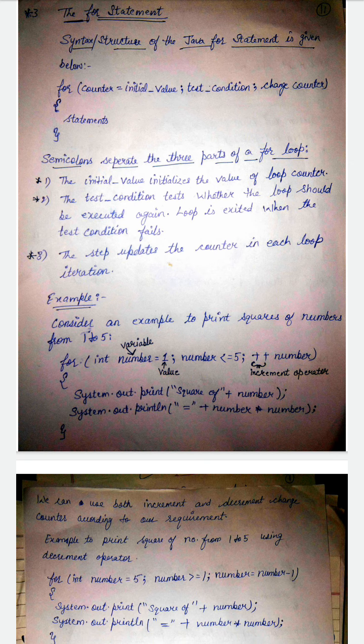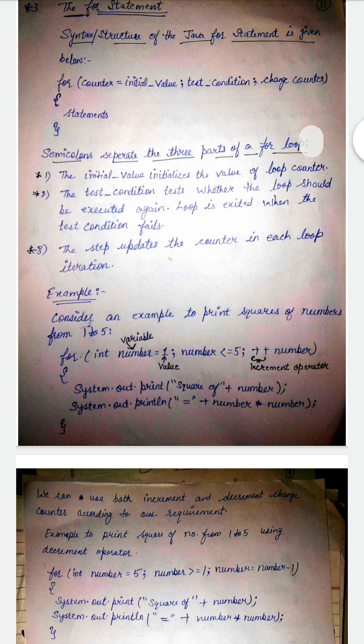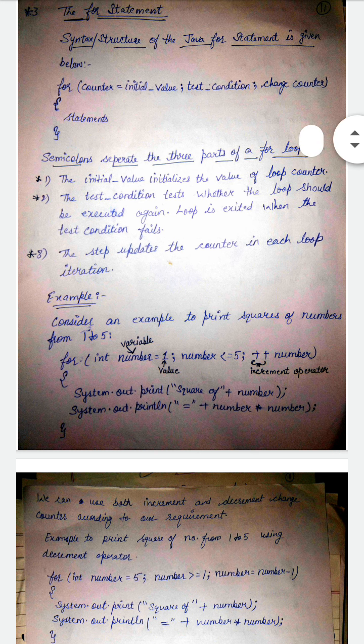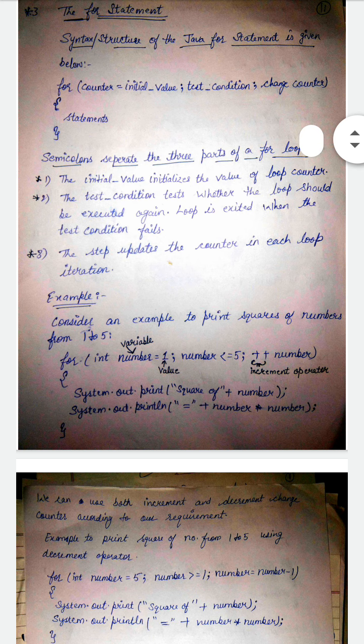It will increment or decrement the value according to the requirement, and after that the test condition will be checked again. If the test condition is true, then the statements inside the for block will get executed, and if the test condition becomes false, then the loop will exit. In that case the statements which we write inside this for block will not get executed.